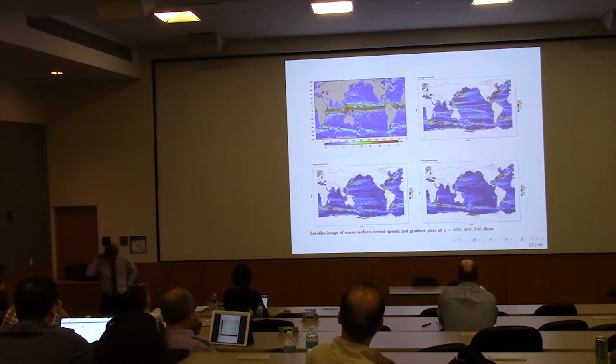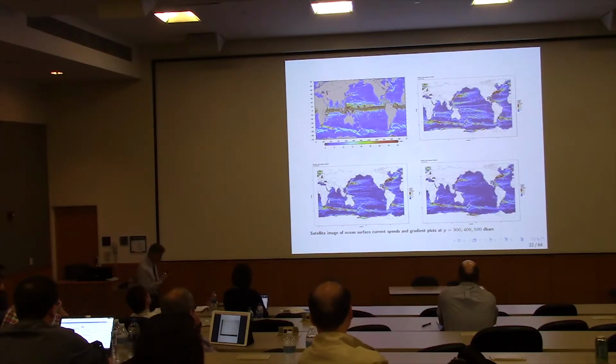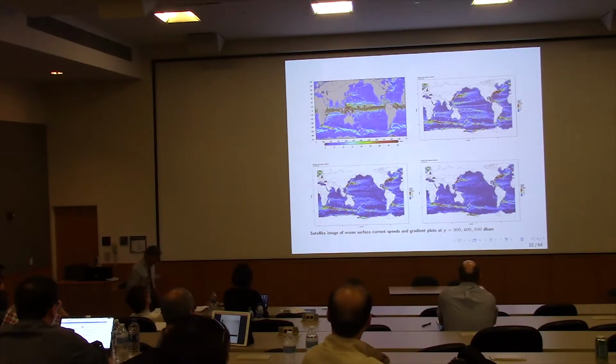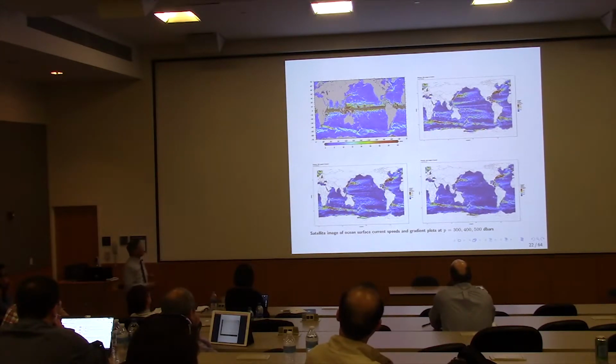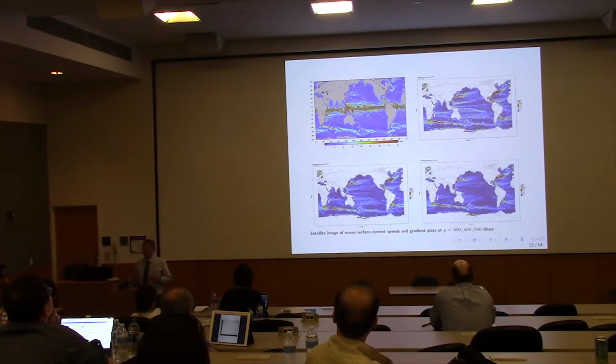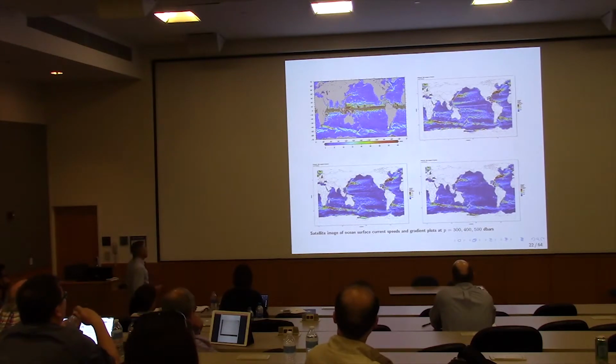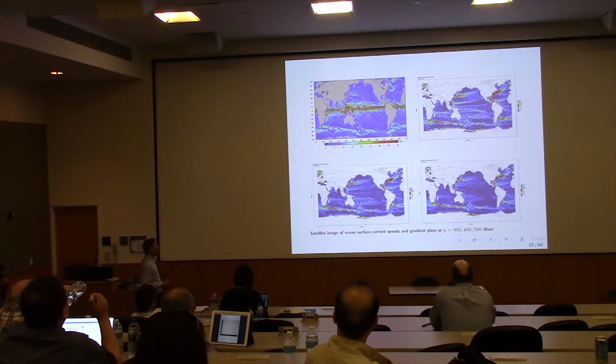Now, intuitively, there's some connection between how quickly temperature changes, that's the magnitude of the gradient, and the speed of ocean currents. I don't know what exactly the connection is, but intuitively there is such a connection. So on the upper left, this is a satellite picture of sea surface current speed.